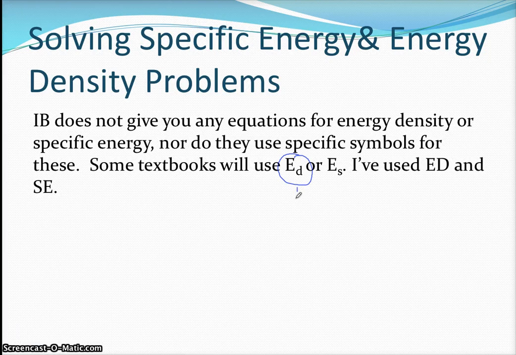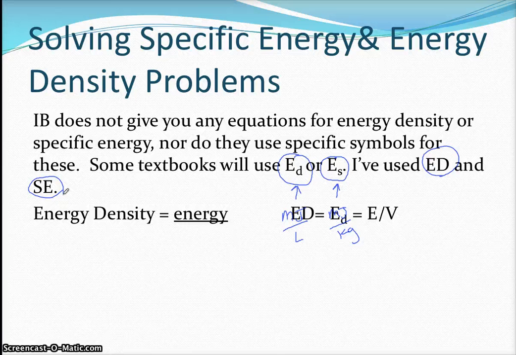The only thing I don't like about that is it makes it look like it's a type of energy and that the units would be joules or megajoules, but they're not. Remember, if it's an energy density, it's going to be like a megajoule per liter or meter cubed. And then sometimes they'll use ES for specific energy, and then they're talking about megajoules per kilogram. In some of my worksheets, you'll see me use ED for energy density, SE for specific energy, but ultimately it doesn't matter. Use what works for you.